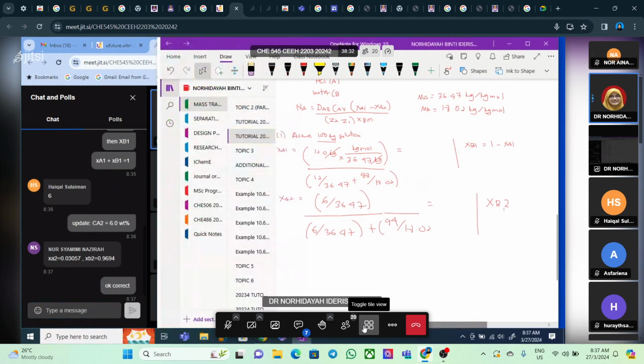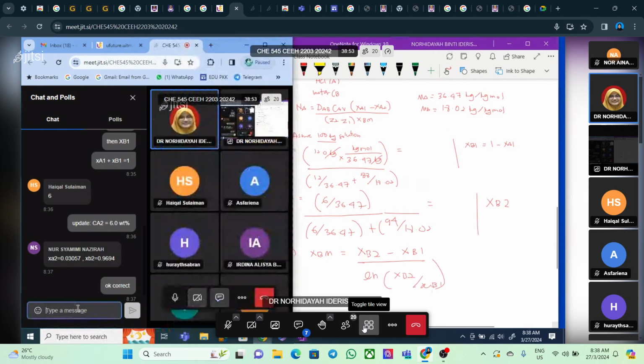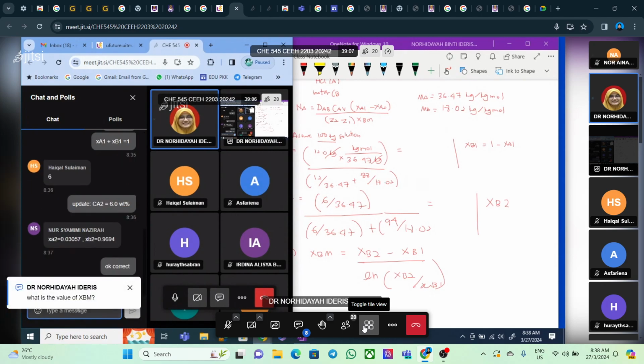Okay, so sekarang ni kita pergi step yang kedua, nak kira SBM. SBM sama dengan SB2 minus SB1. Okay, someone kira.